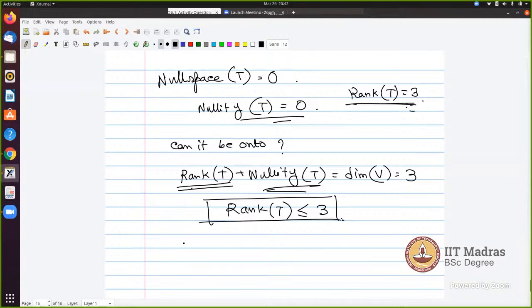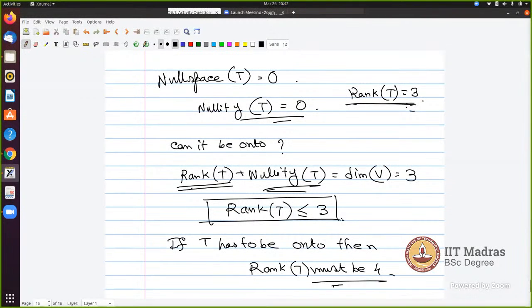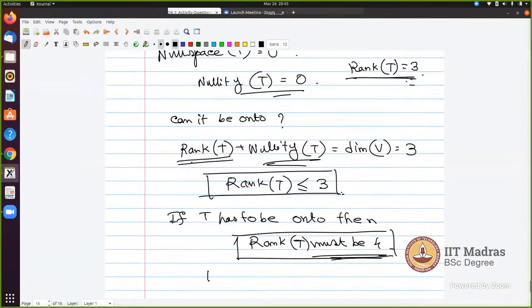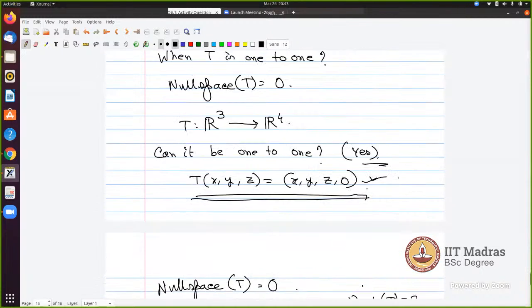But if T has to be onto, then rank of T must be 4, which cannot happen, right? Yes, sir. So T can't be onto. Clear? Yes.